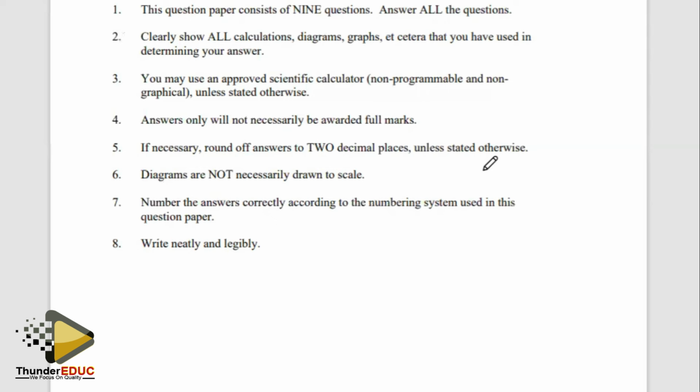So I'll use an example of this past paper, and we shall see how to approach some questions, which concepts to add in, and basically as we prepare for our final examination.